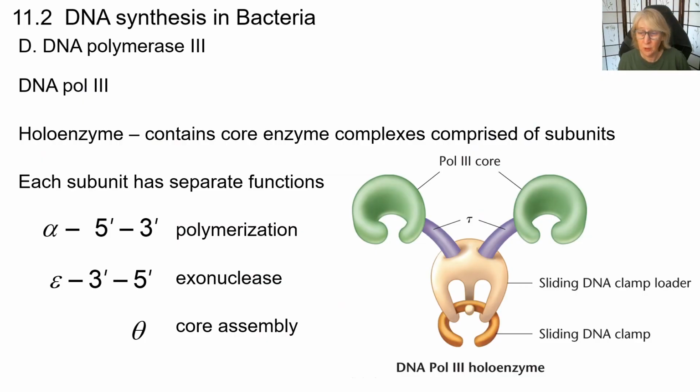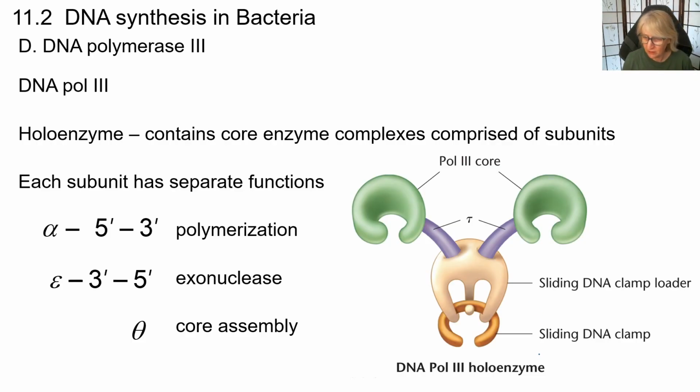I want to show you a little bit of what DNA polymerase 3 we envision it looks like as an enzyme in bacteria. It's a holoenzyme, which means it's comprised of multiple enzyme complexes. It's more of a molecular machine made out of pieces of enzymes, subunits, that work together in order to create the entire process of DNA replication.